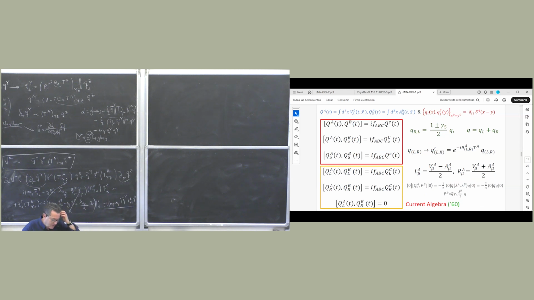Okay, so to do this, you need to quantize your theory, because you need to put into the game that the fermion fields don't commute, right? And then they follow some anti-commutation relations, right?